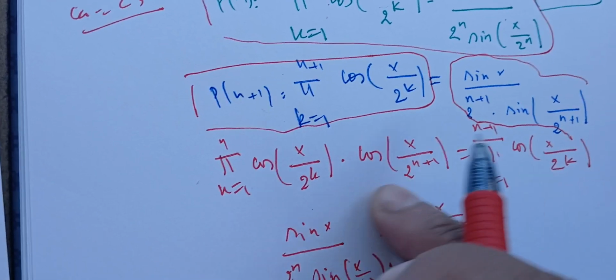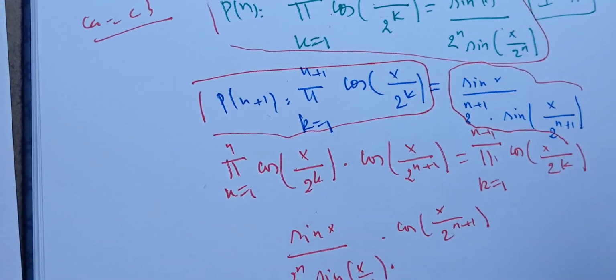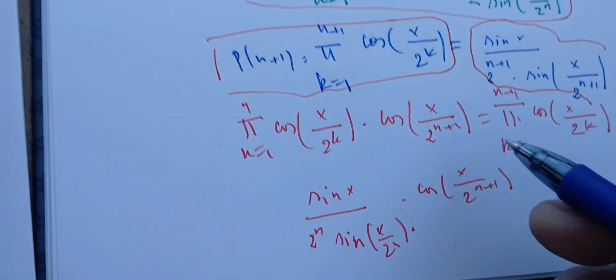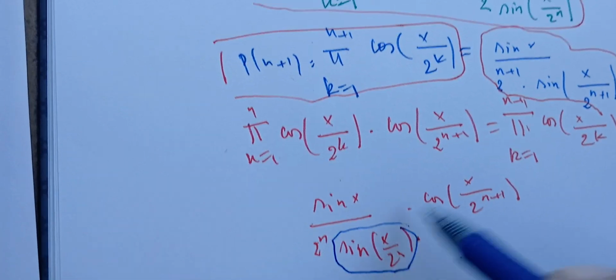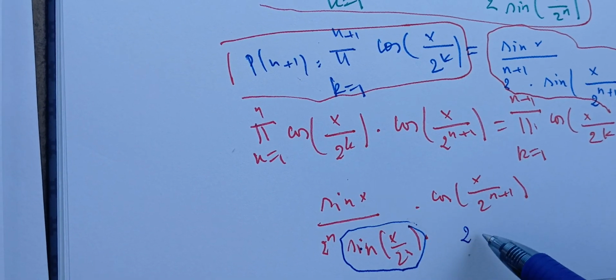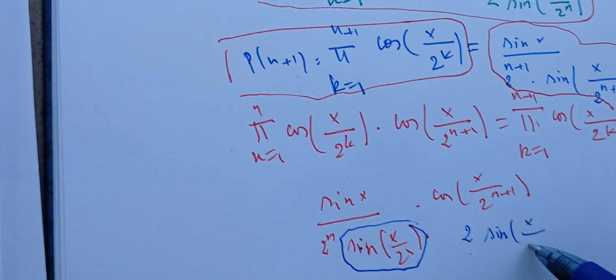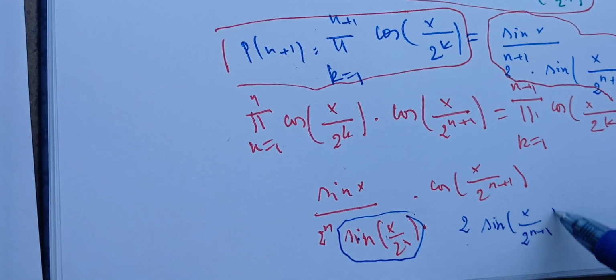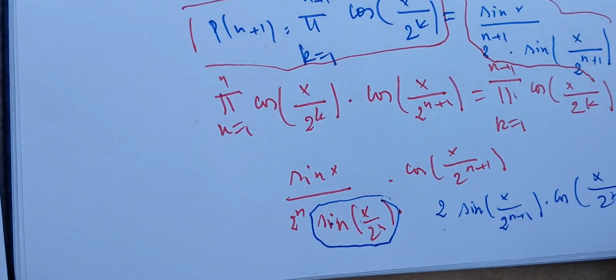Now we have to write this in this form. How can we do that? We're going to use the half angle formula here. The half angle formula is going to give us 2 sine of x over 2^(n+1) cosine of x over 2^(n+1).